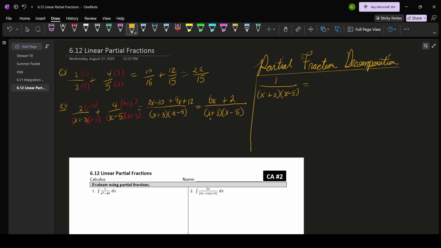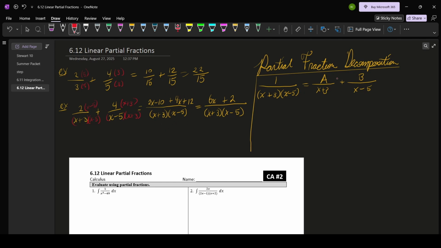We know that any fraction that has these two factors multiplied in the denominator can be split up into separate fractions where each fraction has that unique denominator. So I can split this up into some number, let's call that capital A, over x plus 3, and some other number, let's call that capital B, over x minus 5. Now just like before, we would need to multiply x minus 5 over x minus 5 by the first fraction and x plus 3 over x plus 3 by the second fraction to arrive at this middle step here.